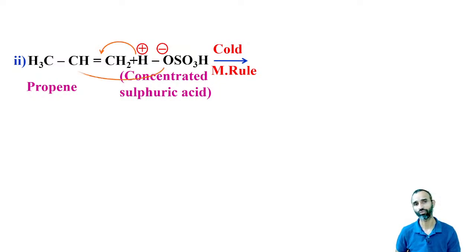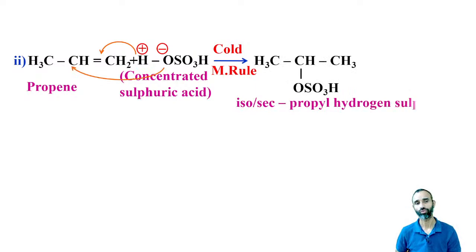The negative part is attached to that carbon which has a lesser number of hydrogens, or H plus is attached to that carbon which has more hydrogens. Means rich becomes richer. Across the double bond, the carbon that has more hydrogens gets even more. So we can call it rich becomes richer. So we get iso or secondary propyl hydrogen sulfate.